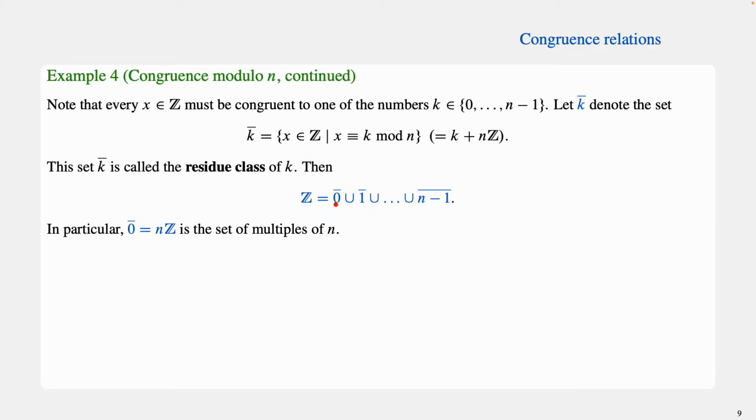So it's a union of the residue class of 0, so all the elements which leave remainder 0, and all the elements which leave remainder 1, so the residue class of 1, up to n-1 bar, the residue class of n-1 containing all the integers which have remainder n-1 on division by n. And note that in particular this first residue class here, 0 bar, is just nZ, so it's the set of multiples of the integer n.